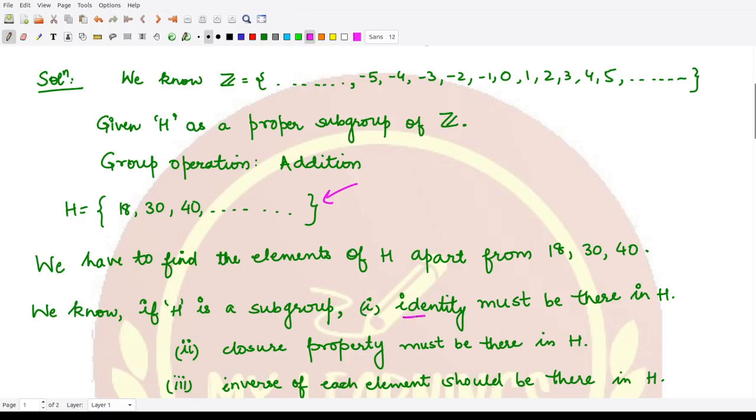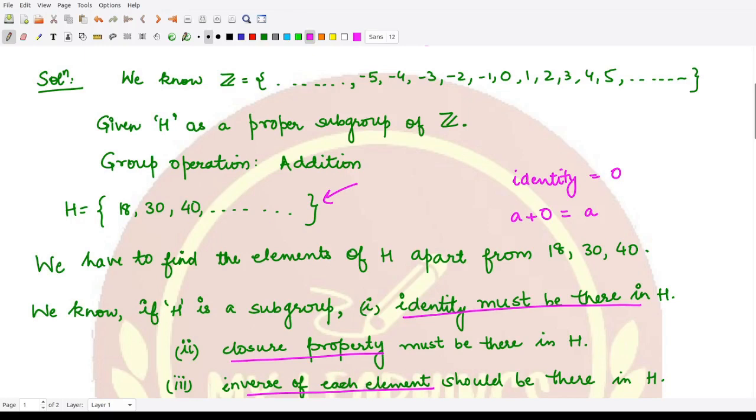That means the identity element should be there, the closure property should be there, and the inverse of each element should also be there in H. Now under addition, what is the identity element? If you remember, the identity element is 0. Why? Because if you add 0 to any integer, you get back the same integer, correct? So this is the identity, and it definitely has to be present in H.